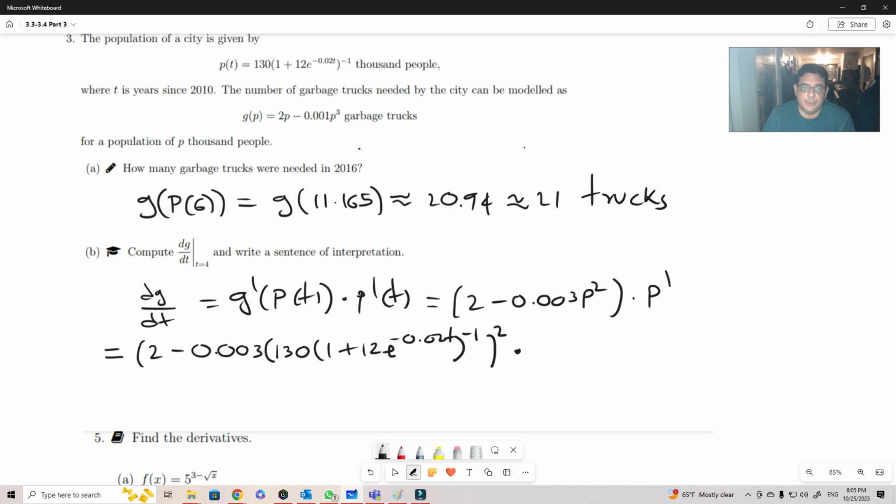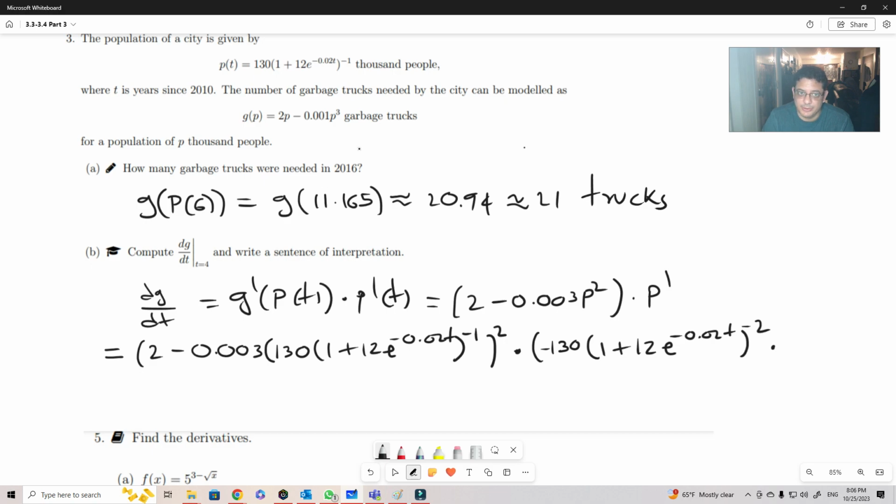And to find p prime, I need to take the derivative of this function, which by itself is going to have a chain rule. So if we take the derivative of this, notice we put down the minus 1, we get minus 130, and then this is going to be 1 plus 12 e to the minus 0.02 t to the minus 2 now.